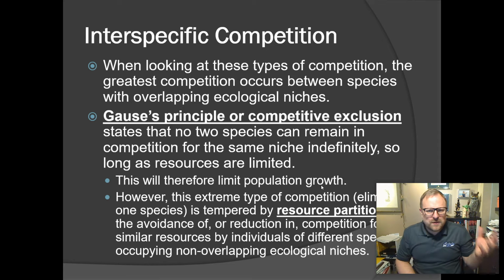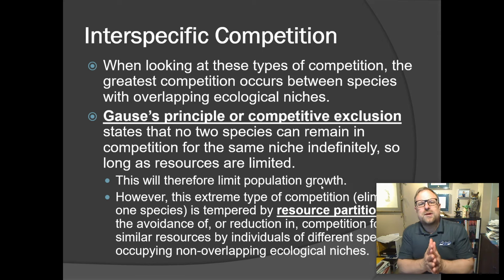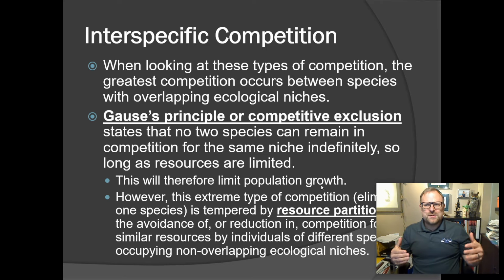Is it active during the daytime or the nighttime? There are lots of different niches that every individual organism occupies. But when we get niches that overlap with each other, that's where we get competition.